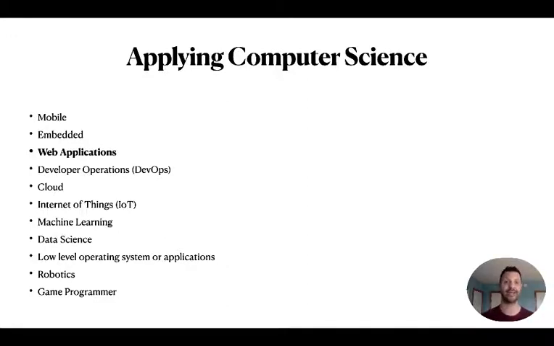There's Internet of Things, everything device connected to the internet somehow and communicating. Machine learning, data science, low-level operating system code, robotics, game programming. There's a lot. These are just a few of many fields that you can apply your computer science skills to. I think that's exciting. I think there's lots of opportunity out there for you, and web applications is just one of them.